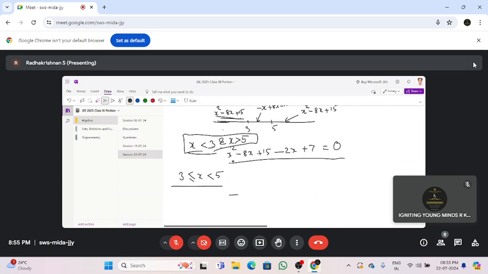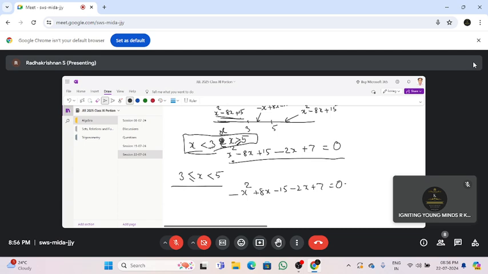Whenever x is less than 3 or x is greater than 5, this is the expression. Whenever x is between 3 and 5, the expression is going to become like this. You solve this, you are going to get two values. Whichever is falling in the assumed range, you take that. Similarly, the other one.